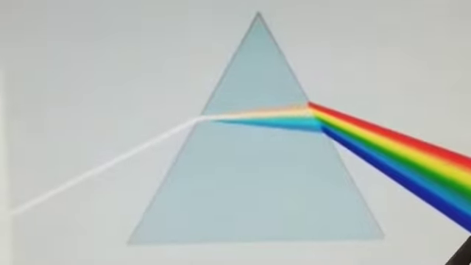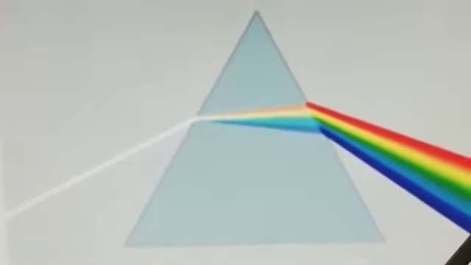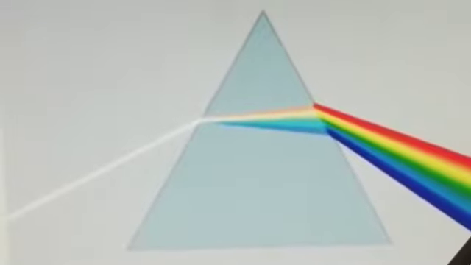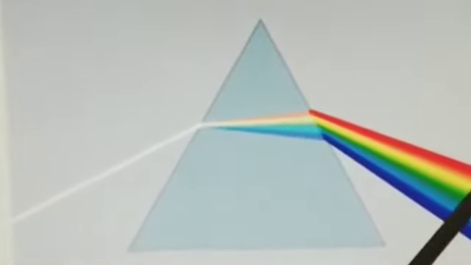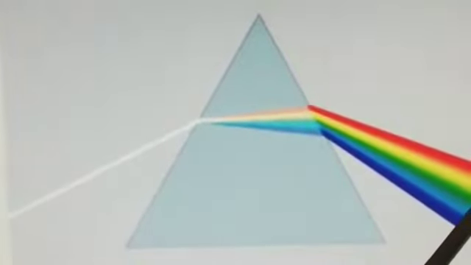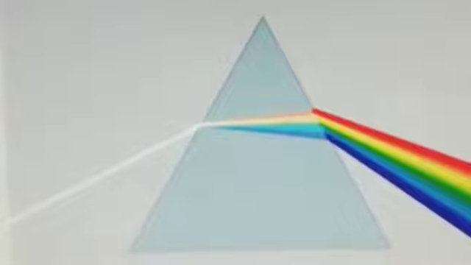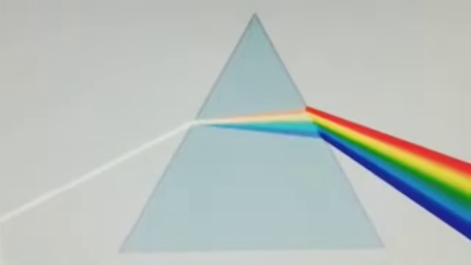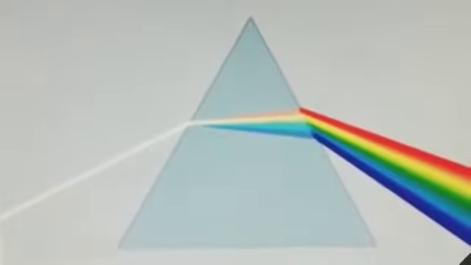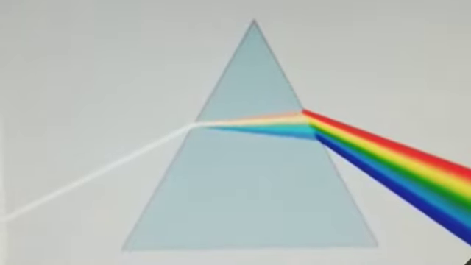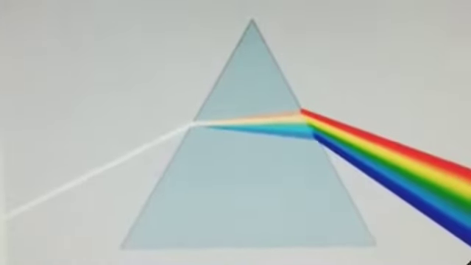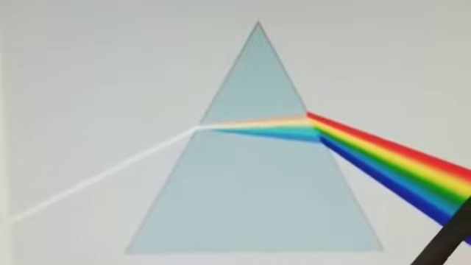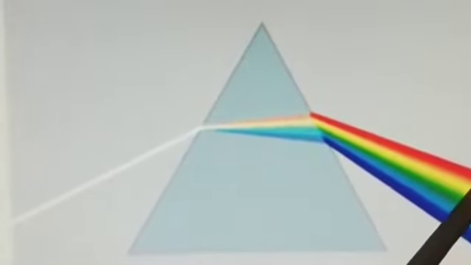On the screen, a colored patch like that of a rainbow, as shown in this figure, was obtained, which was termed as spectrum. This band of colors is known as spectrum. Starting from the side of the base of the prism, the order of the colors in the spectrum on the screen is violet, indigo, blue, green, yellow, orange and red.